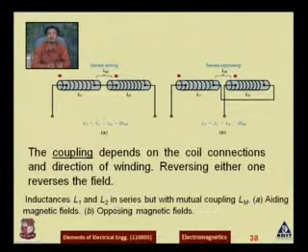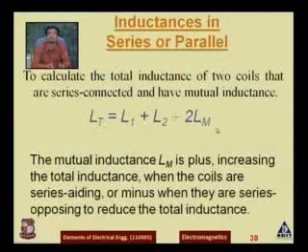Inductances L1 and L2 are in series, but with the mutual coupling Lm: in the first it is aiding the magnetic field and here it is opposing the magnetic fields. We will now derive this equation, why it gets plus 2Lm and why it is minus 2Lm if the two coils do not have the same direction.